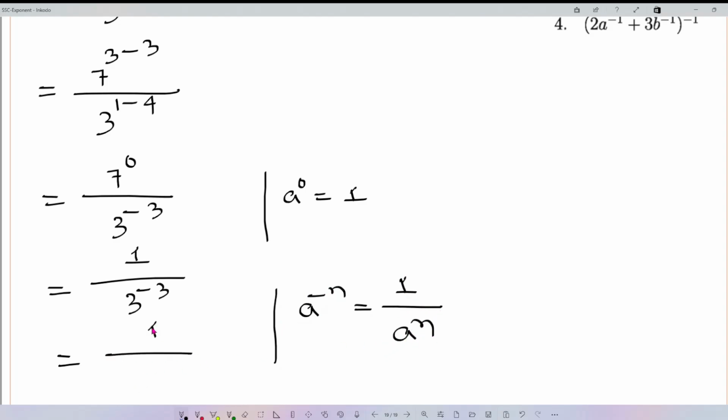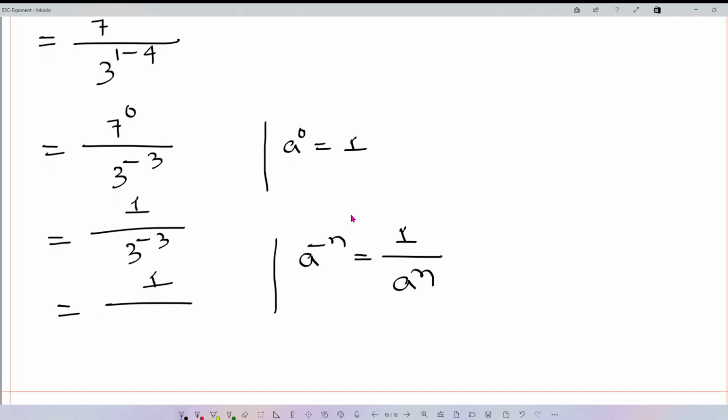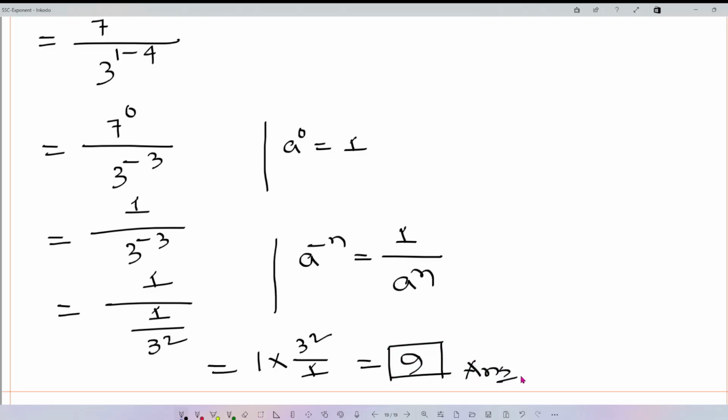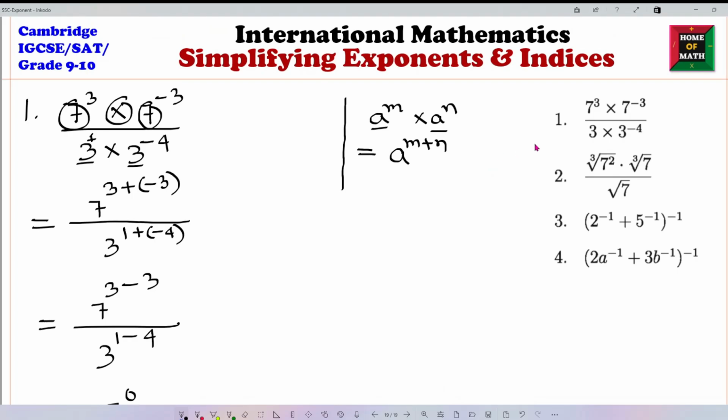So here is 1, and this 3 to the power minus 3 we can write as 1 by 3 squared. Now this fraction will be flipped, so 1 times 3 squared divided by 1, so the answer will be 9. It's very simple. So the first question answer is done.